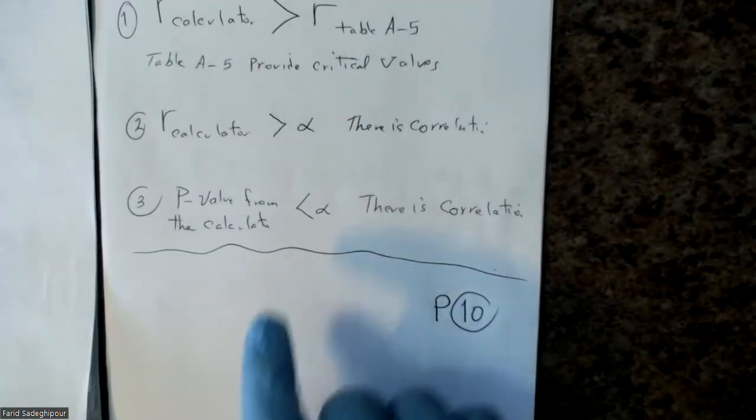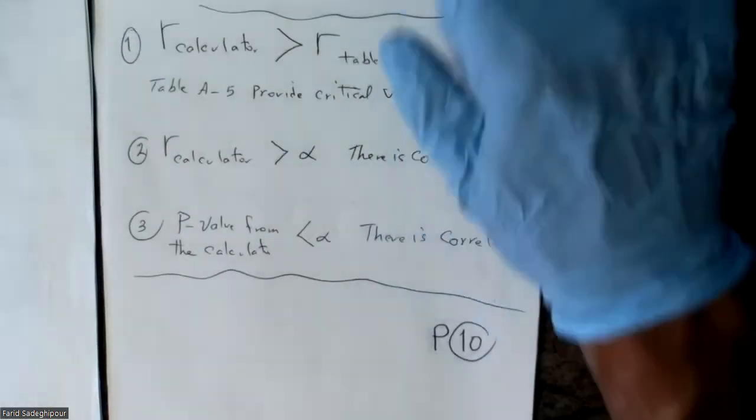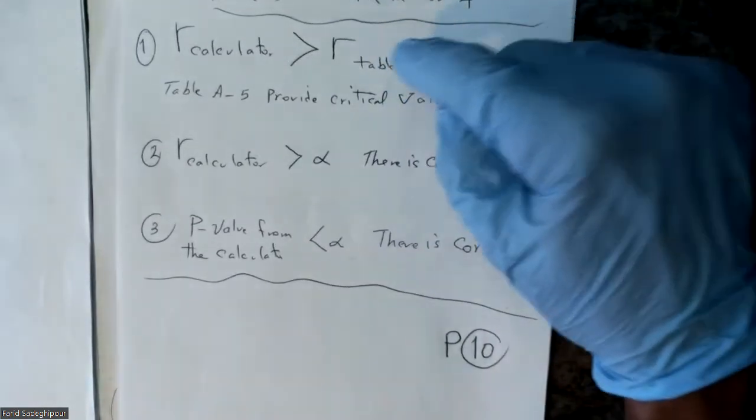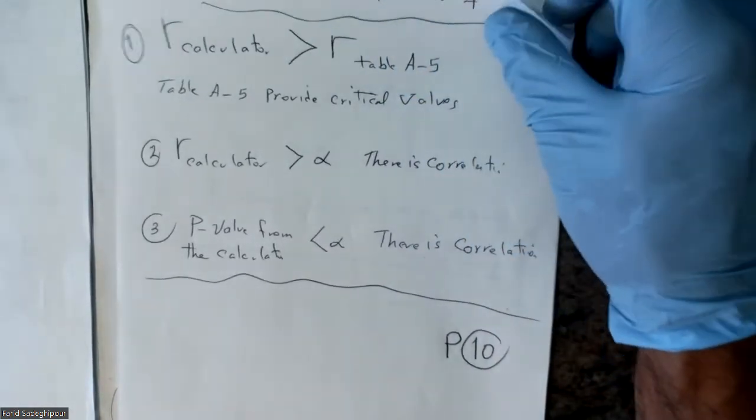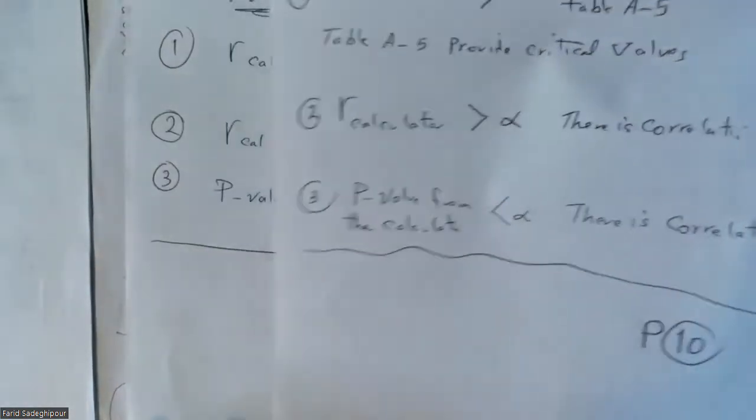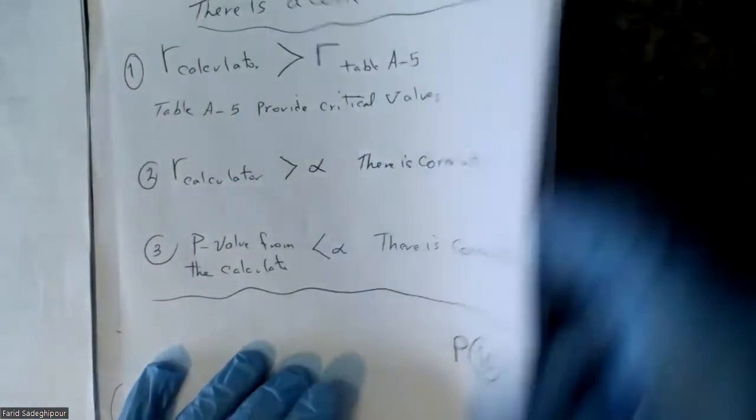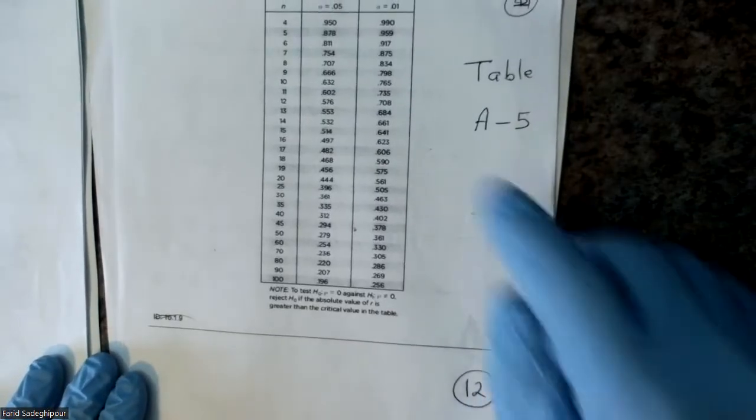Now, when you calculate the R, check whether the R that you calculated is greater than the R from table A5. This table tells you how many numbers you have. For instance, in this example, how many pairs do we have?